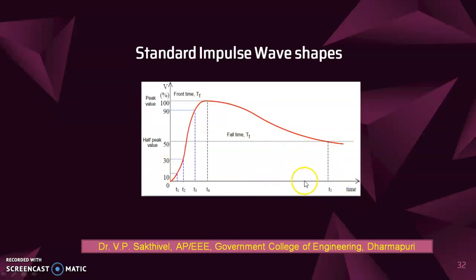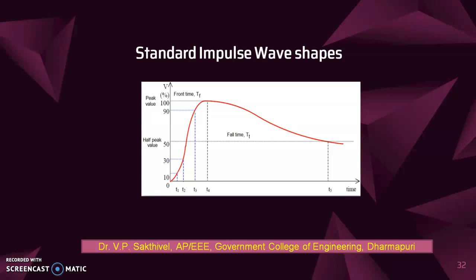This OT5 represents the fall time. That is, front time or rise time is OT3 minus OT1, whereas this fall time is represented as OT5.